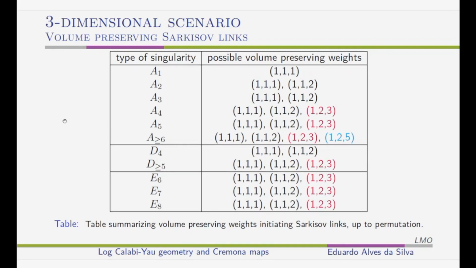The strategy to prove this result is that we write the general equation of this quartic, assuming some coordinates, and compare the conditions for the quartic to have such a type of singularity, and also the conditions for this weighted blowup to be volume preserving, which will imply some conditions on the coefficients of the quartic too.